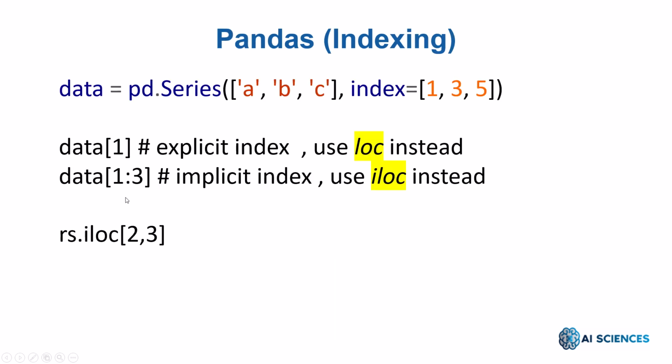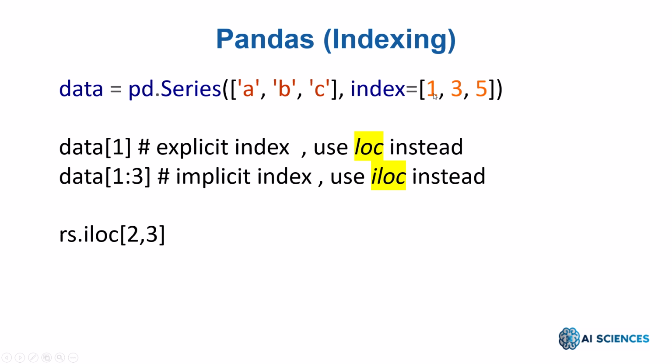And further, indexing in Pandas using a series object or a data frame object. For example, you may declare a series object with values A, B, and C, and then you have indices, for example, 1, 3, and 5. So now this is the index that you are defining.